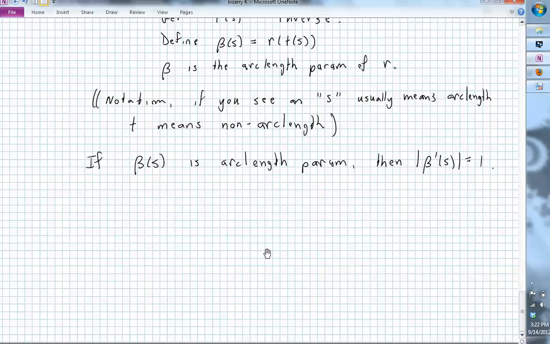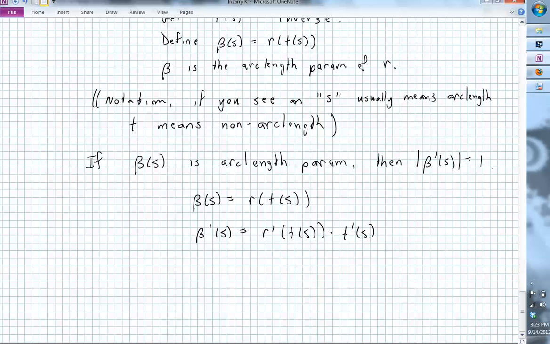So we know that beta of s is equal to r of t of s. Let's differentiate that. Beta prime of s is r prime of t of s times t prime of s.